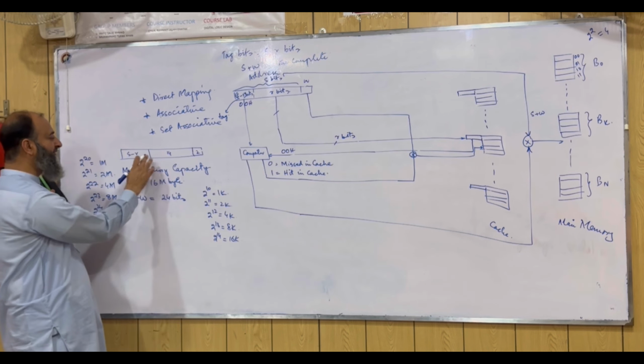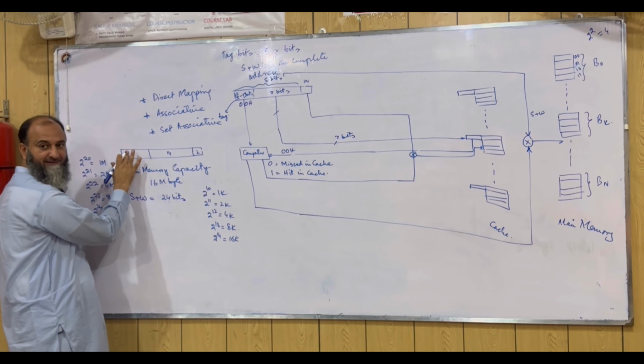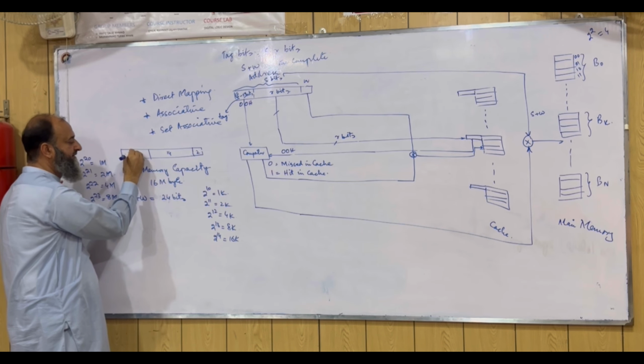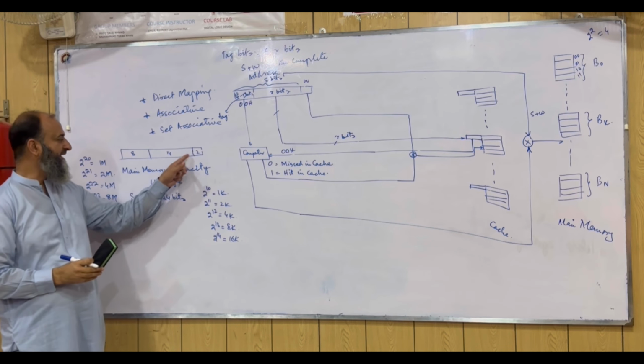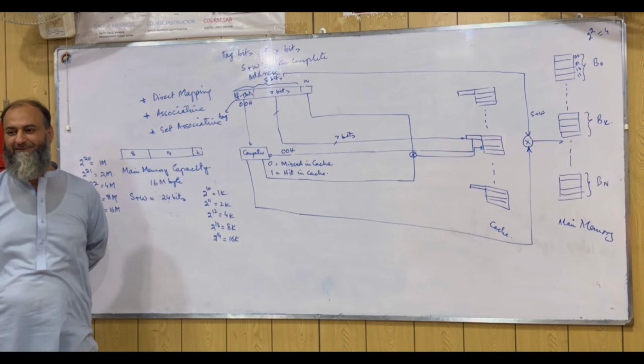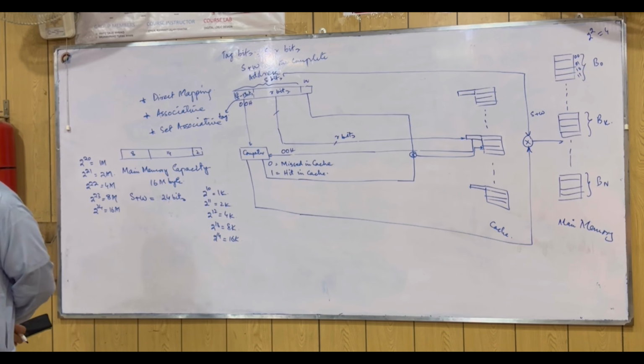So ये 14 हो गया. How many are left here then? 8. So you see that 8, 10 and 14 make 24. So a total of 24 address lines are here to identify the cache line, or you are going to be identifying the main memory block and the word here.